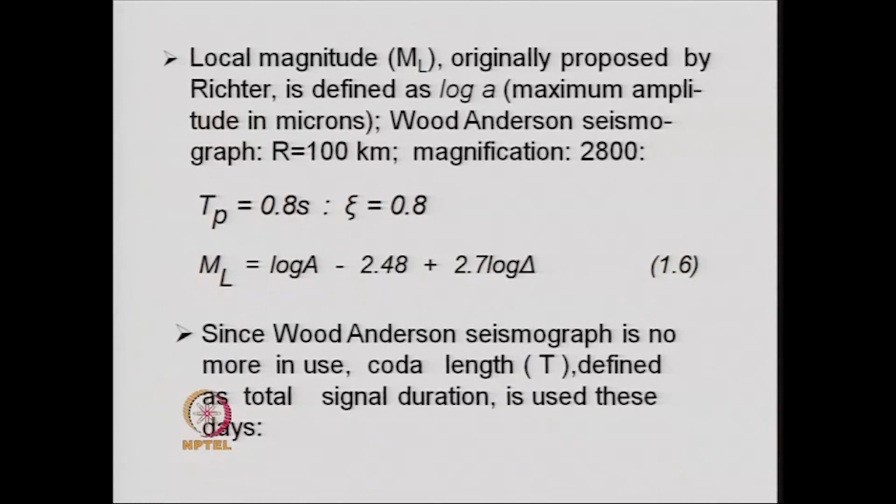The relationship that exists between the local magnitude and the amplitude of the ground motion is given by this equation. In this, delta represents the epicentral distance. Since Wood-Anderson seismograph is no more in use because it is a very old type of equipment, coda length called T, defined as total signal duration, is used these days.